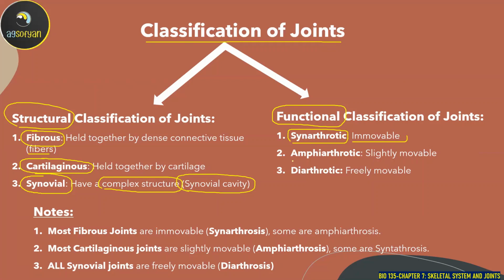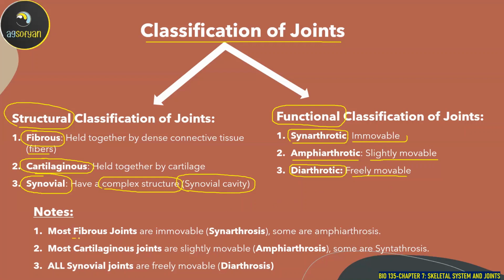The second one is called amphiarthrosis. This is the type of joint that gives very little movement, a slightly movable joint. And the last one is called diarthrosis, which is the type of joint that we know that gives free movement. So this is a freely movable type of joint.